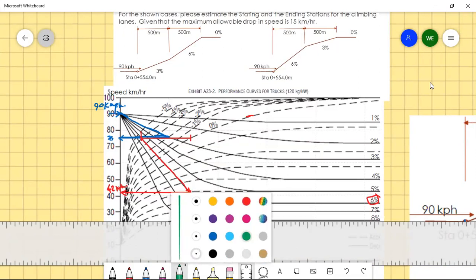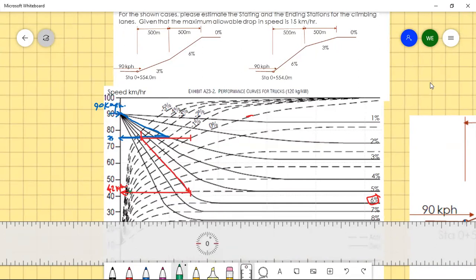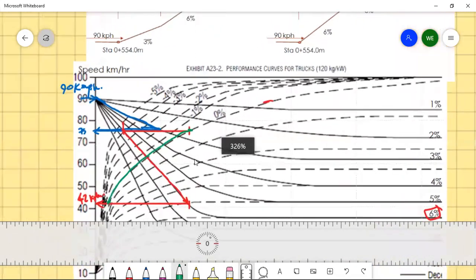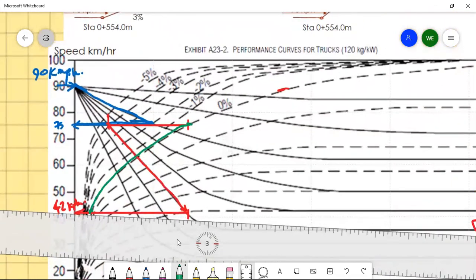It will hit that horizontal grade here, and it will keep going until we reach the 75. Okay, now we need to determine this distance. How long is this distance?